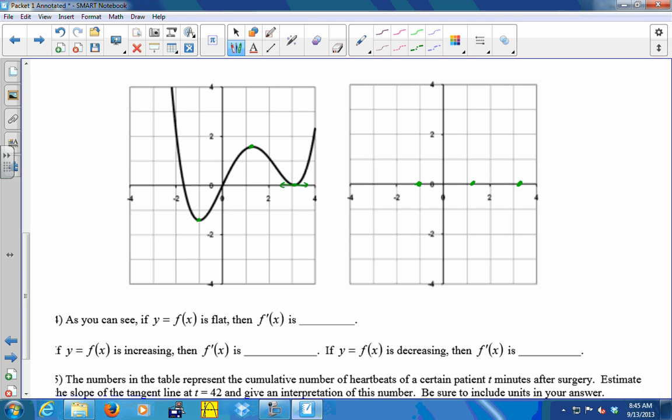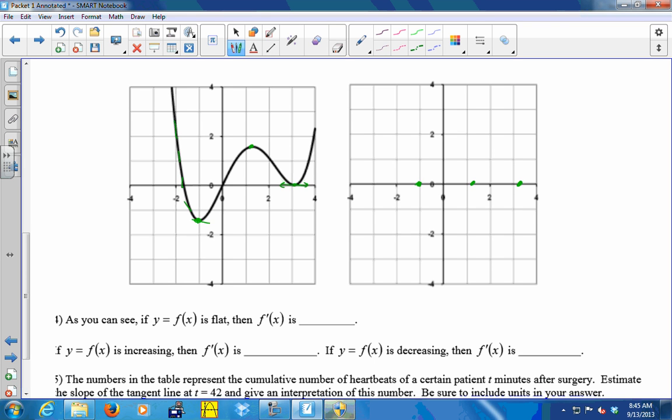So let's look to the left of the first 0 slope and draw some little tangent lines and see what's happening to the slopes. So there are some tangent lines. What's happening as I move from left to right? What's happening to the slope of the tangent lines? They're negative. Yep, they're all negative.